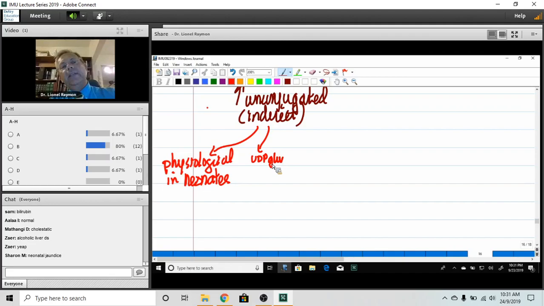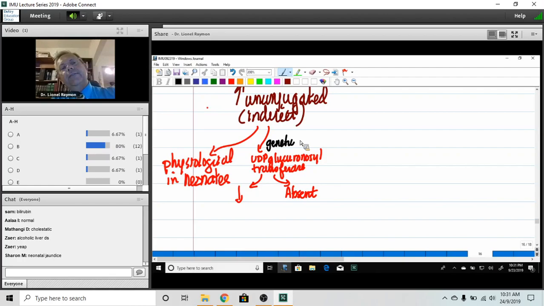And you know there's two possibilities there. Decreased or literally absent. And genetic deficiencies in the UDP glucuronidase gene.